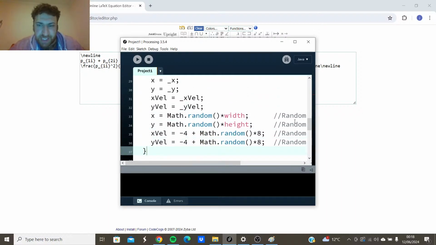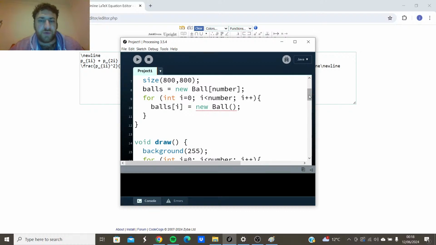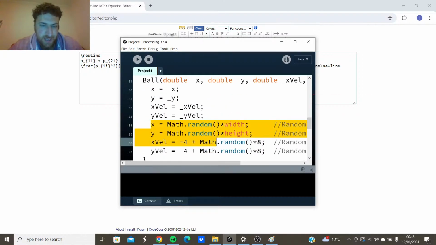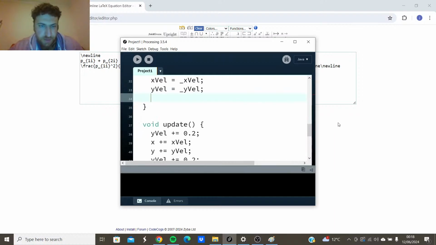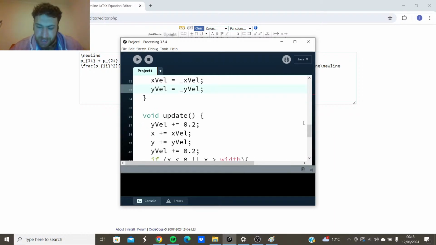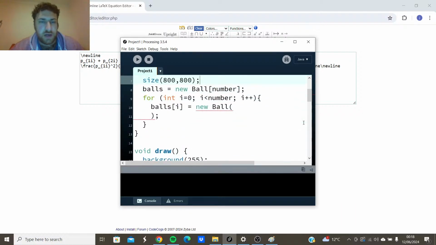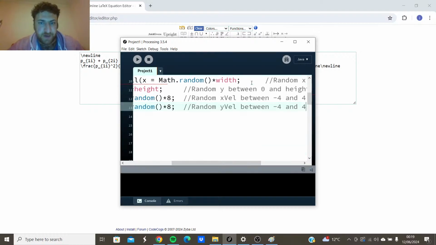And what we're going to do with this is actually use these in the ball constructor. Right now we have an empty ball constructor, but now as you can see, that is invalid. We actually want to fill this with arguments. And what I'm going to do is literally just copy and paste these lines of code right in here.